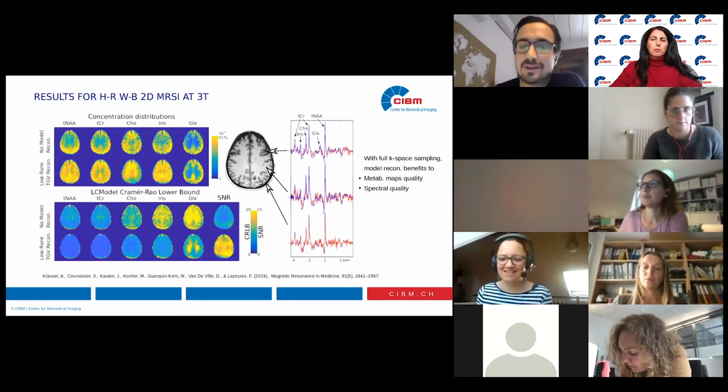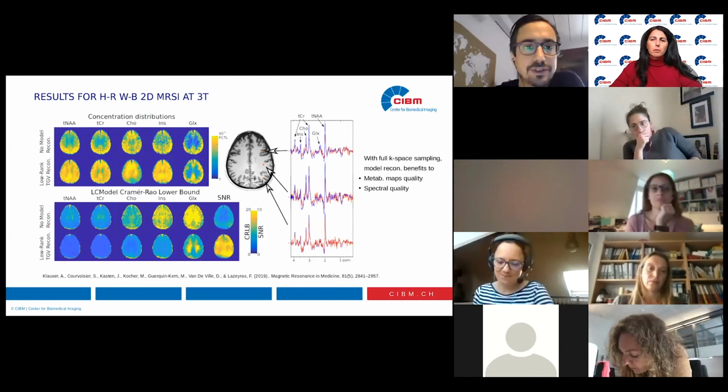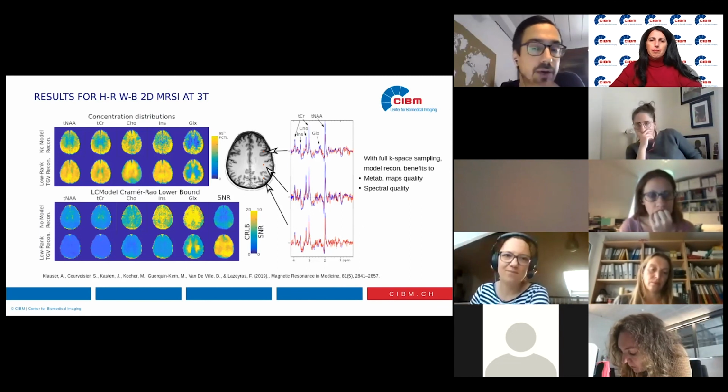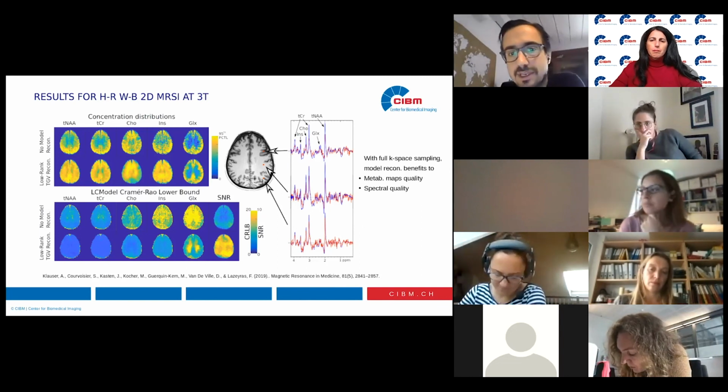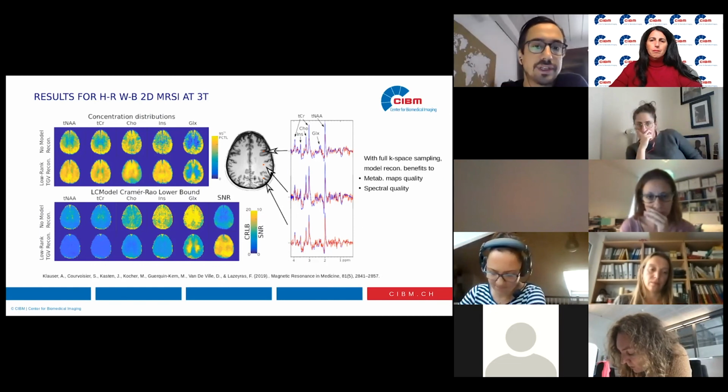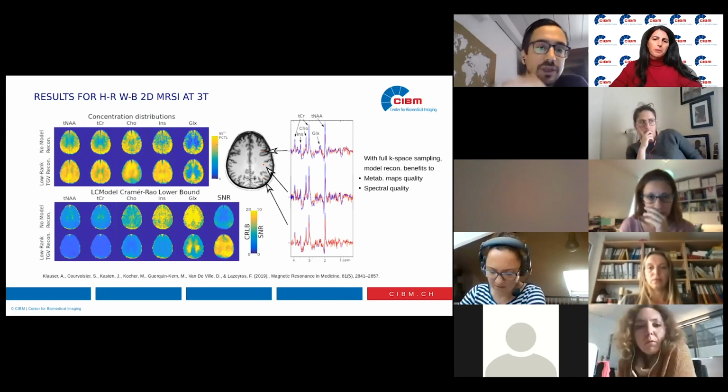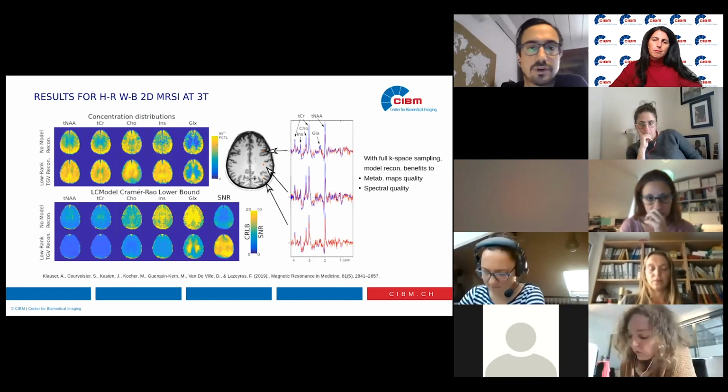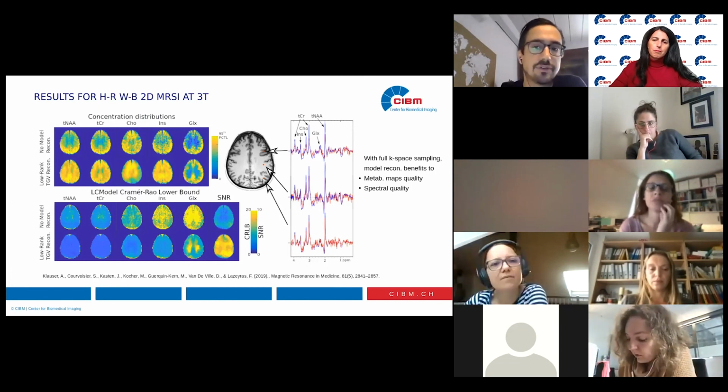We use institutional units, meaning that we acquire the water almost the same way that we acquire the metabolites, and then we reconstruct the water signal exactly the same way that we reconstruct the metabolite signal. So eventually we have one map of water signal that we can use for the scaling of the metabolite signal. That's the way we do that.